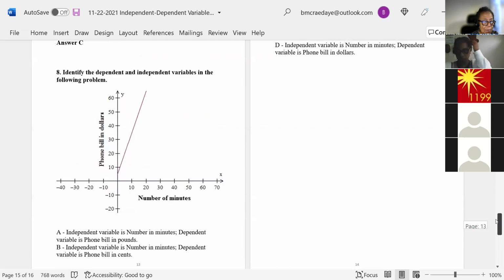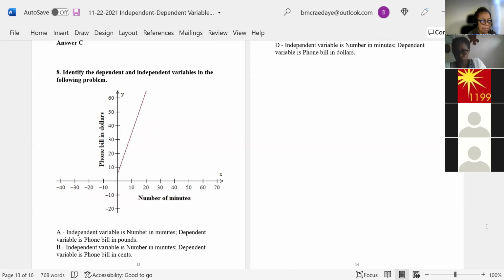The number of minutes. Which one is the dependent variable? The number of minutes you use, is that independent or dependent? I would say it is dependent.